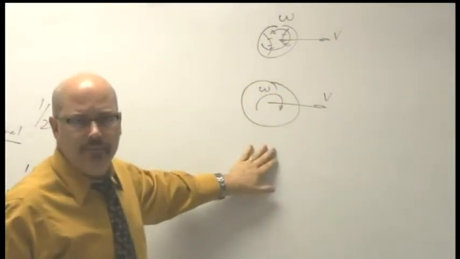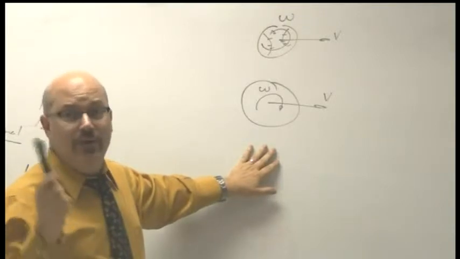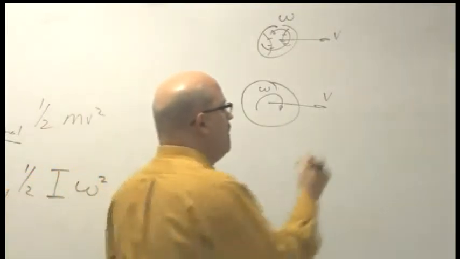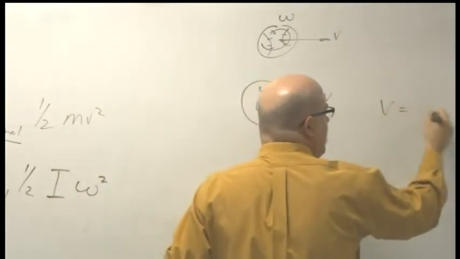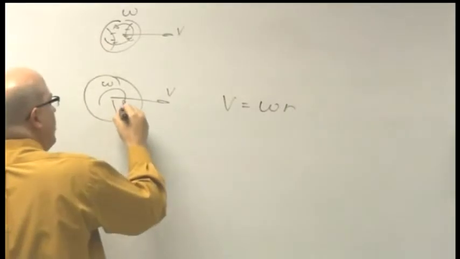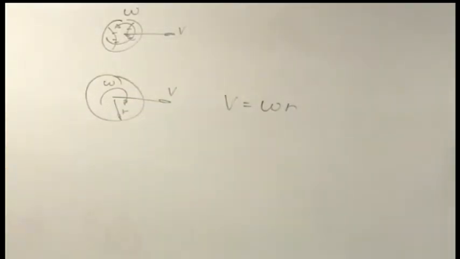How about rolling? If it's rolling without slipping, then these two are related. Rolling without slipping, we have v equals omega R, where that's my R, right? So the bowling ball would be just like a tire? Yes.